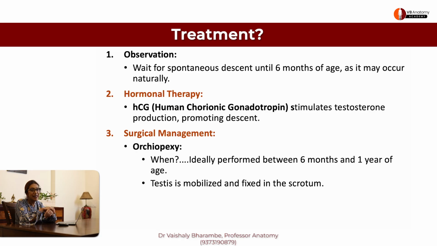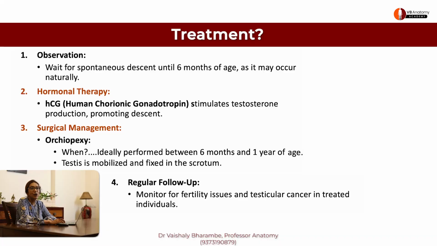Of course, it's not that easy. Remember, testes has a vas deferens attached to it. If the vas deferens is short, how are you going to move it into the scrotum? These are difficult surgeries, but they must be done because otherwise there are complications. And of course, you have to keep regular follow-up to make sure that this child does not go into infertility in his adult life or does not develop testicular cancer.